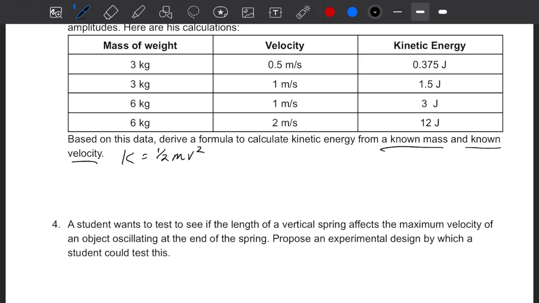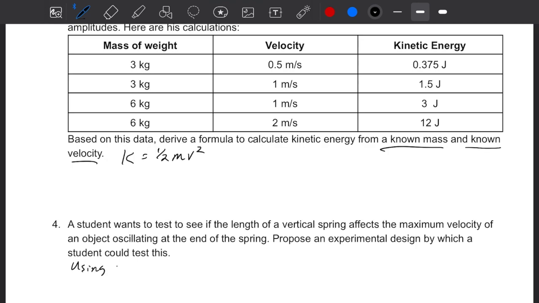A student wants to test to see if the length of a vertical spring affects the maximum velocity of an object oscillating at the end of the spring. Propose an experimental design by which a student could test this. So they're saying, okay, well, if the spring is longer, is that going to affect anything as far as the period's concerned?